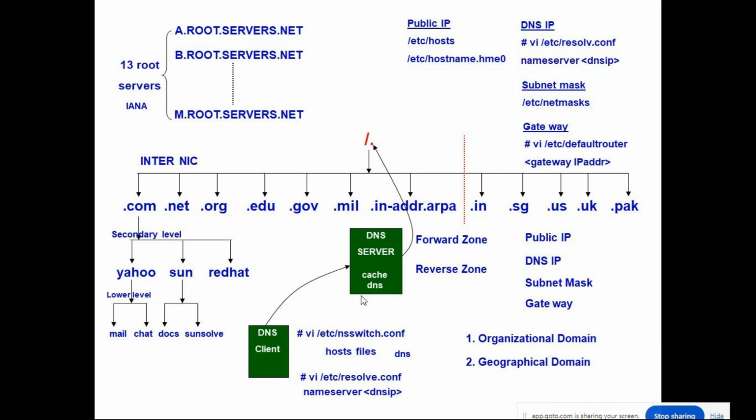In the DNS server, we configure cache DNS. What is cache DNS? It's a buffer. Cache DNS is a buffer which maintains information from the root server. When you connect to the internet and you type gmail.com, facebook.com, or yahoo.com, it first refers to cache DNS, not the DNS server.